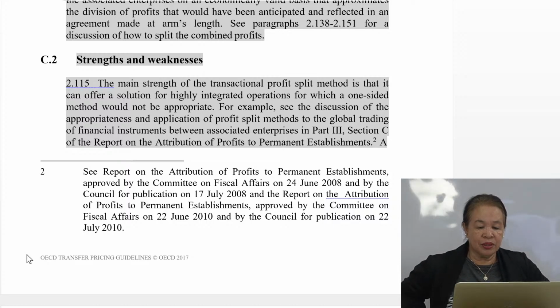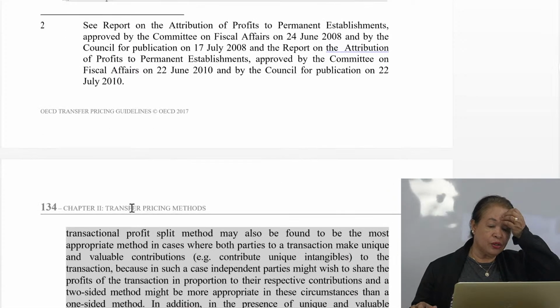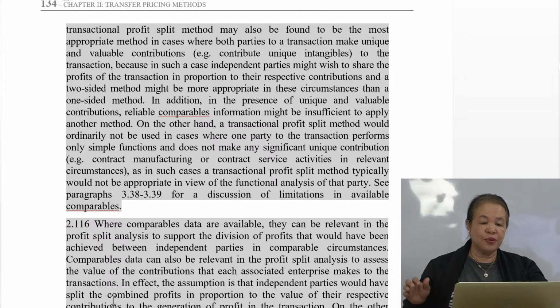So for example, see the discussion of the appropriateness and application of profit split methods to the global trading of financial instruments between associated enterprises in Part 3, Section C of the report on the attribution of profits to permanent establishment, no? So, a transactional profit split method may also be found to be the most appropriate method in cases where both parties to a transaction make unique and valuable contributions, no?